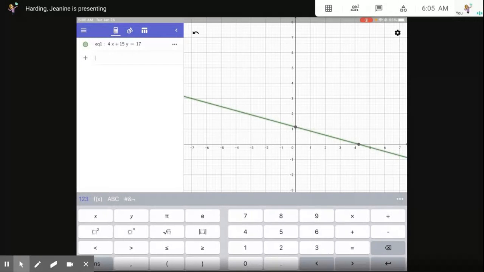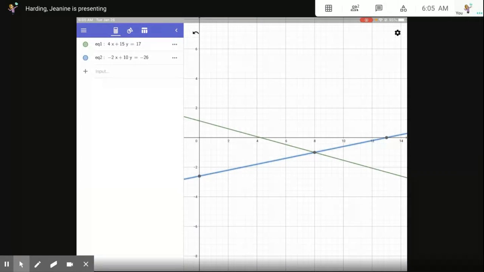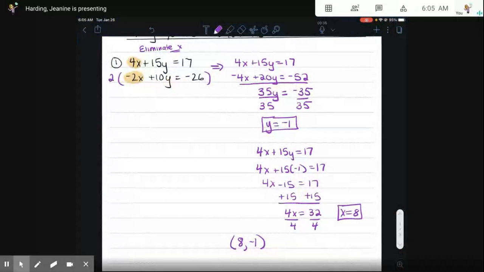And negative 2x plus 10y equals negative 26. And I'll zoom in, and there's my intersection point 8, negative 1, which is what I got. So that's good. All right.